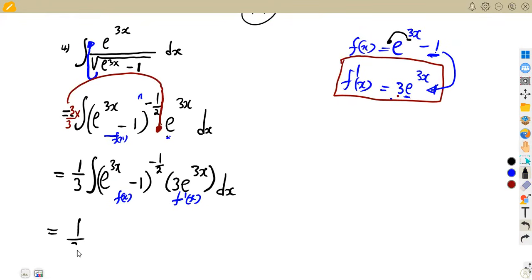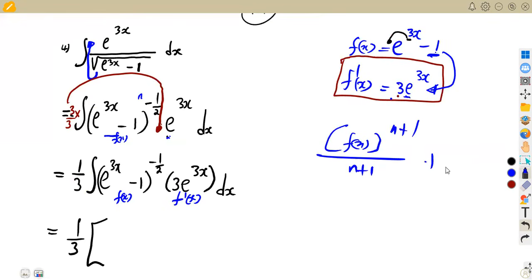So meaning to say our answer is going to be taken as 1 over, so remember what I said, we are going to have this raised to the exponent of n plus 1. So it's f of x to the exponent of n plus 1, over n plus 1, plus the constant. So our f of x is this one, e to the exponent of 3x minus 1, but to the exponent of n plus 1, so we add 1 to our exponent, which is going to give us a half.